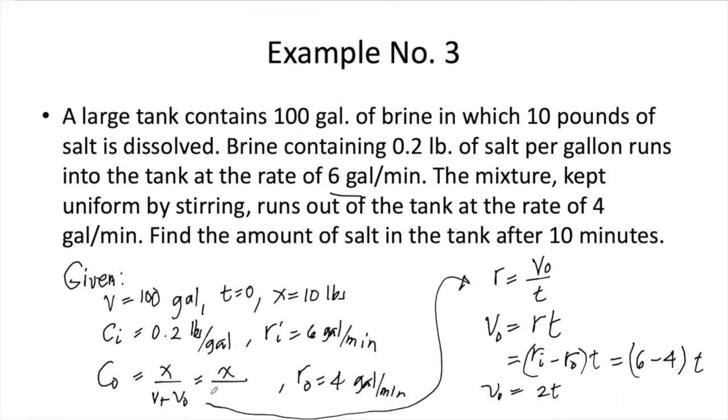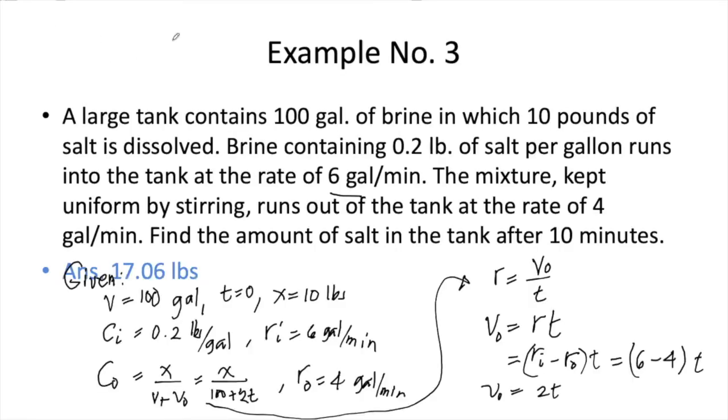So 100, plus 2T, since it is positive. But if the flow rate out were higher, it would be negative and the volume would decrease. So 100 plus 2T is what was added in the concentration out. I hope it's clear. The answer here is 17.06 pounds. Let's verify if it's correct.